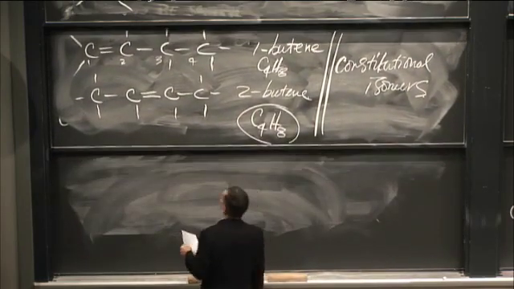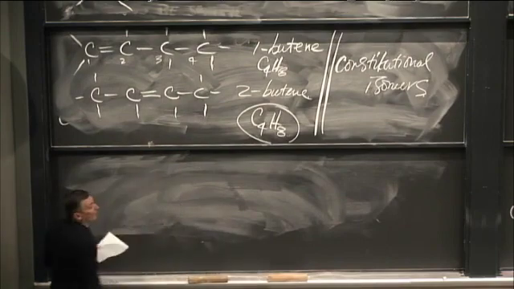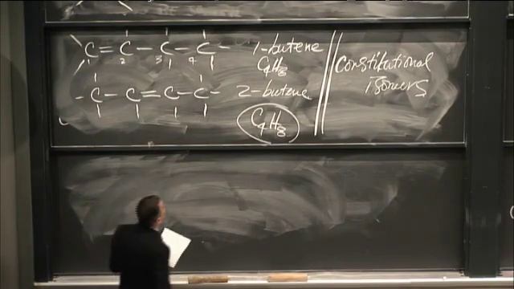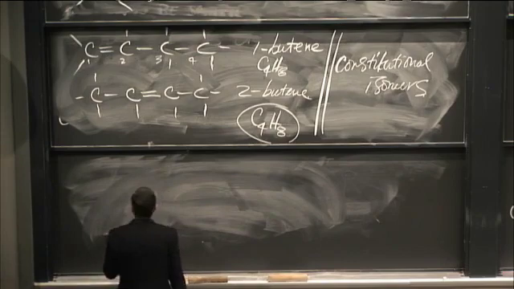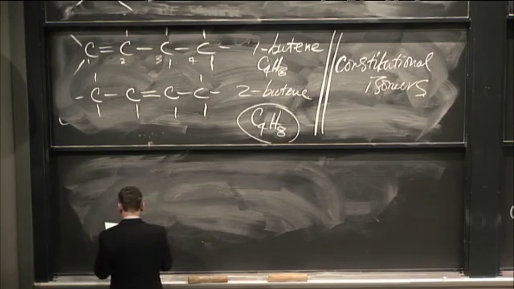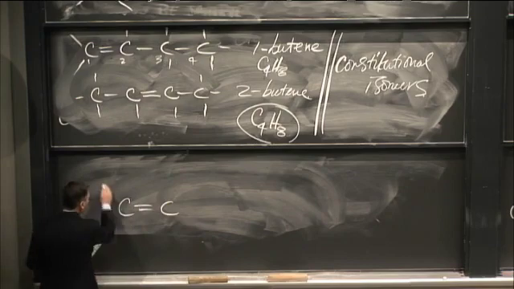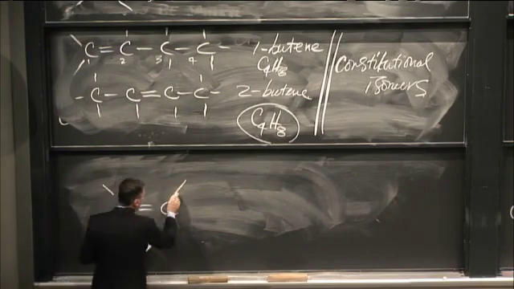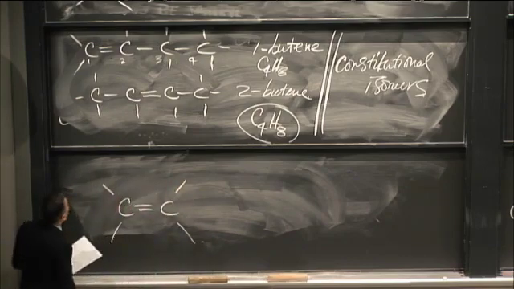Oh, but there's even more. It gets even better. I want to focus on the bottom one, the 2-butene, and I'm going to write it out with a little bit more detail. So let's start with that carbon-carbon double bond. And we know the carbon-carbon double bond requires planar structures at 120 degrees from one another.